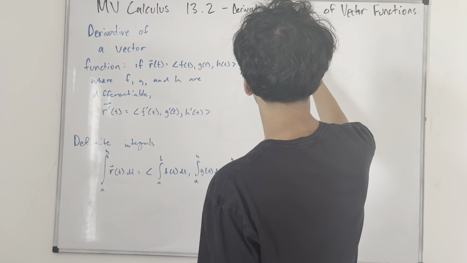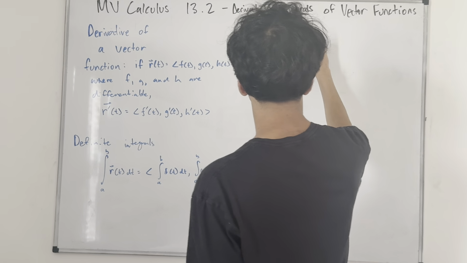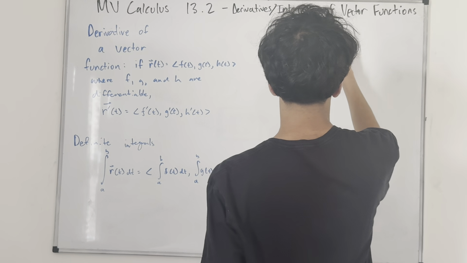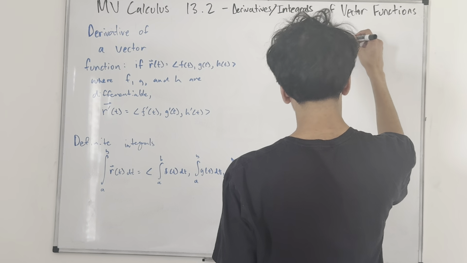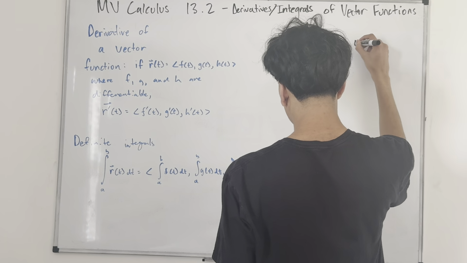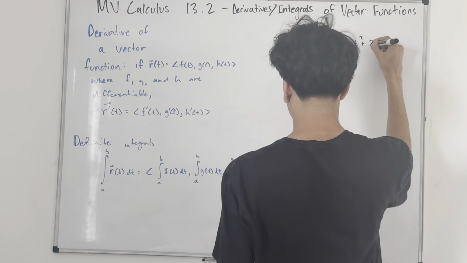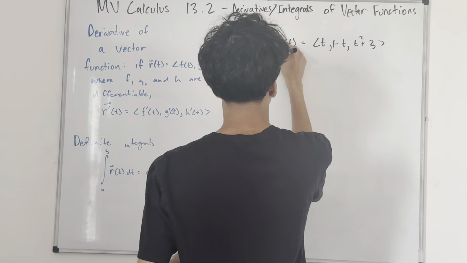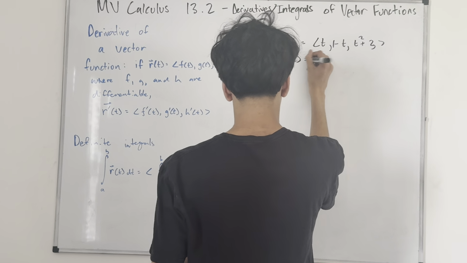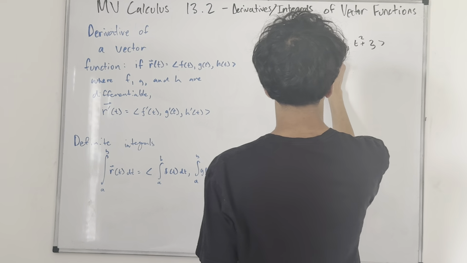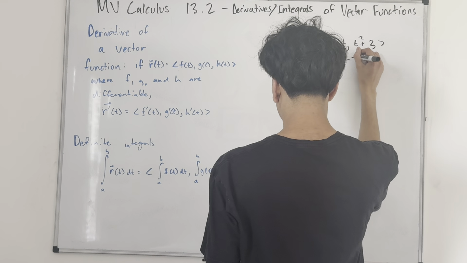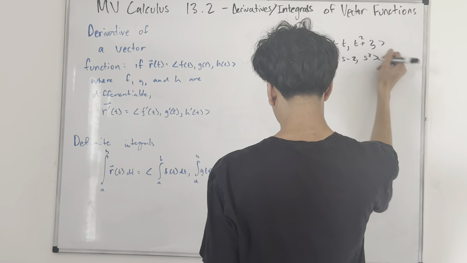Let's say we have r1 of t, which is going to equal t, 1 minus t, and t squared plus 3. And then we have r2, and we'll use a different variable s, which is going to equal 3 minus s, s minus 2, and s squared.